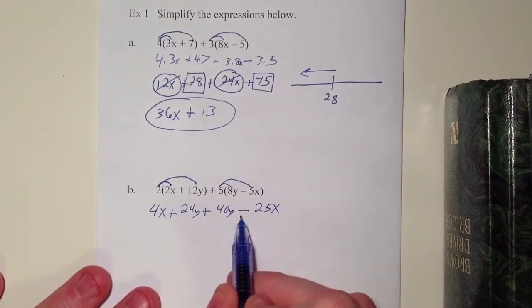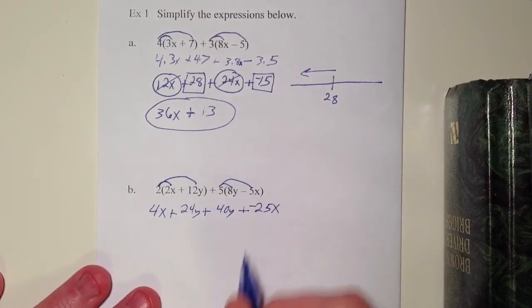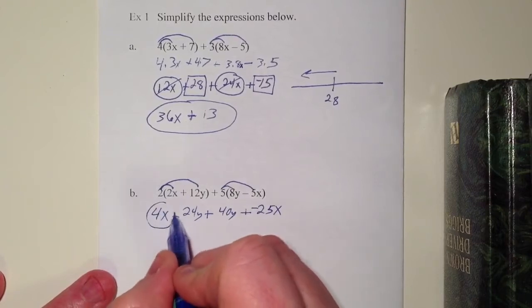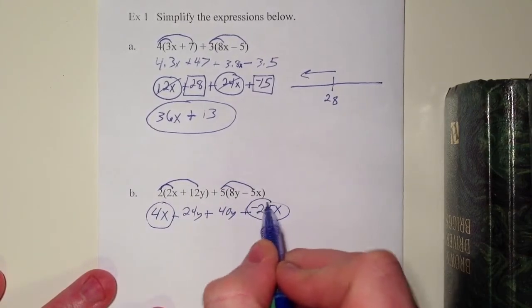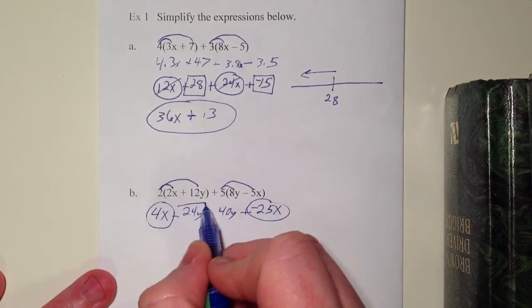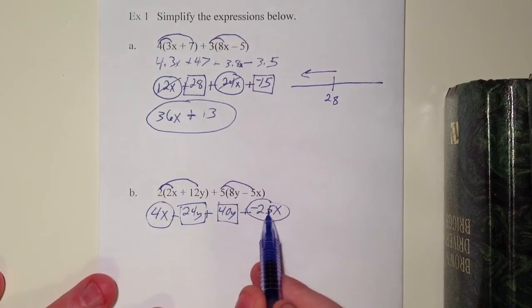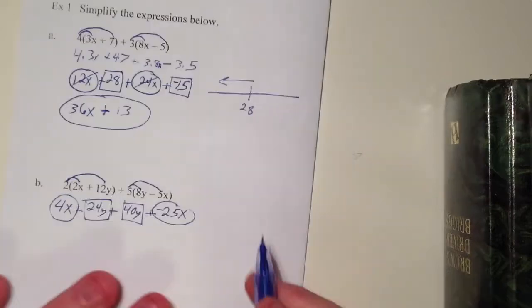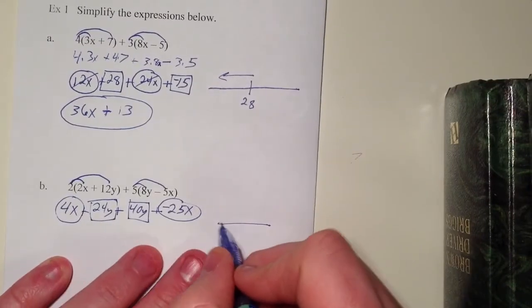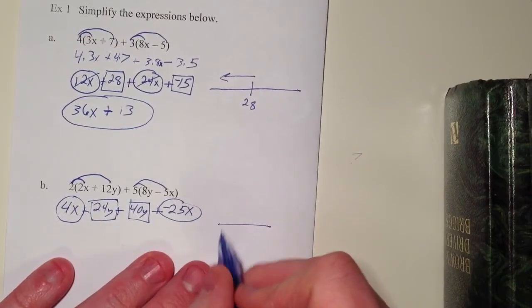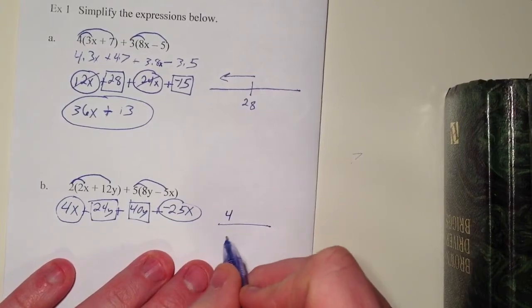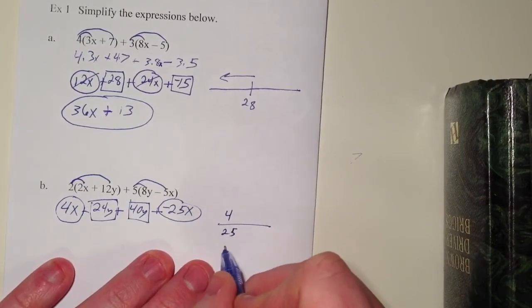So this is a good time to get rid of all subtractions. So plus negative. So I have 4x, negative 25x, positive 24y, and a 40y. So negative 25 and 4. This is where I can do tick marks. This is where it gets kind of annoying. So I have 4 positive, 25 negatives.